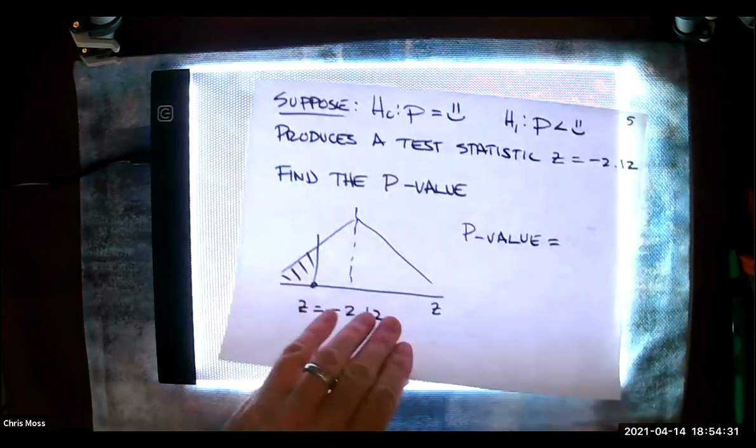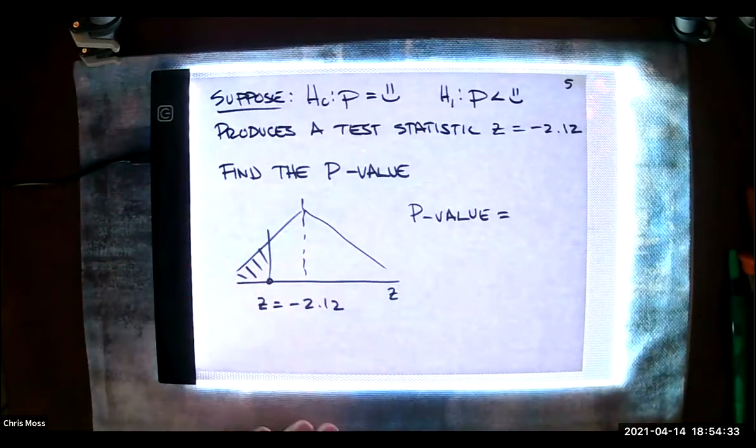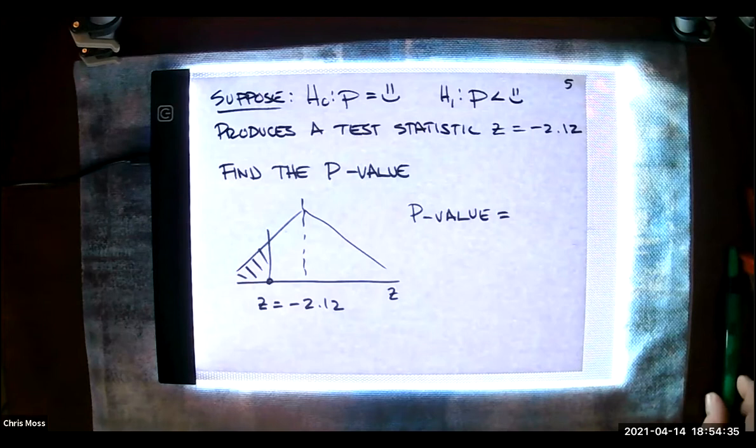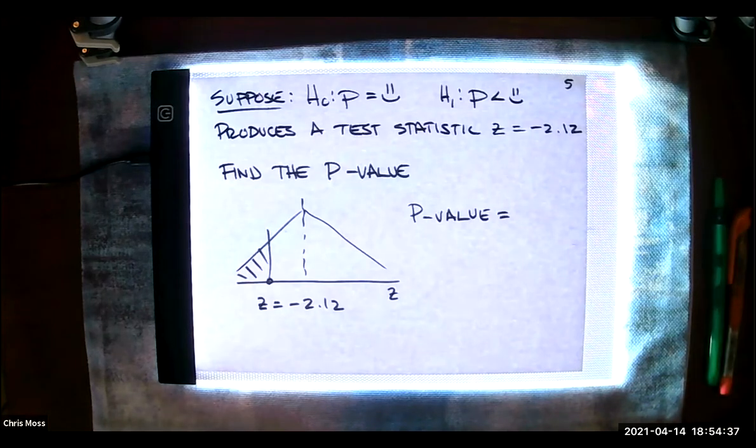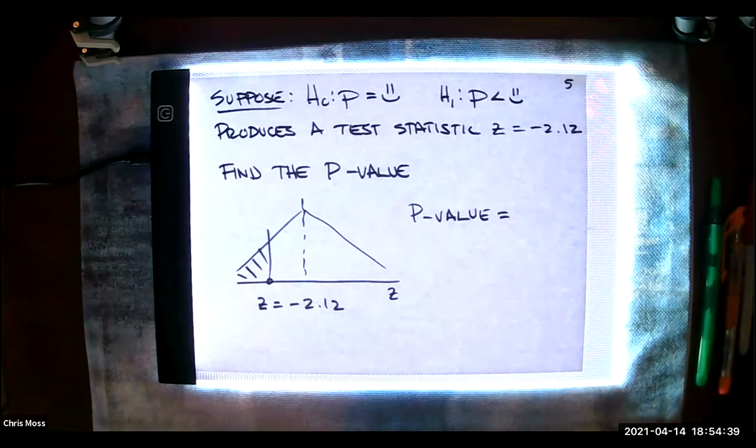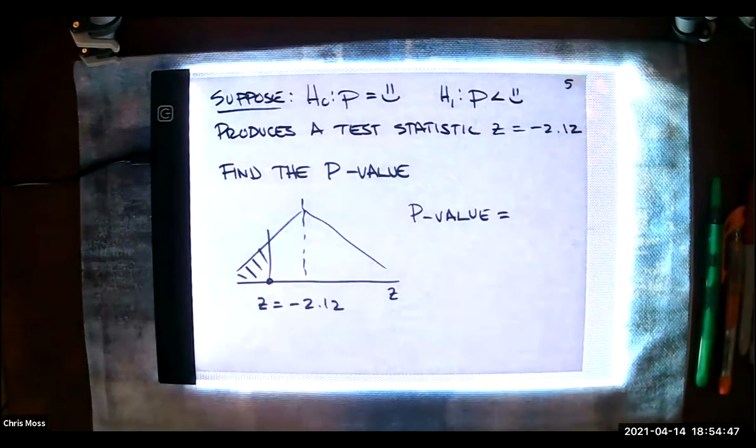So let me go ahead and run through a couple of basic examples. I want to go through the keystrokes, and then we can take a look at a couple of other things. I got some more examples over here, and I want to talk about 8.3 also. So suppose we have these two hypotheses.